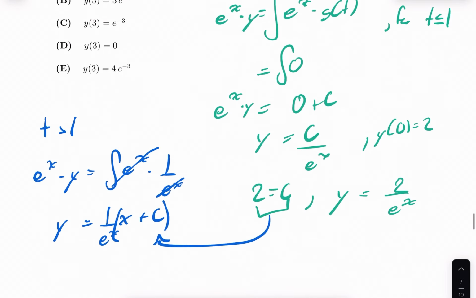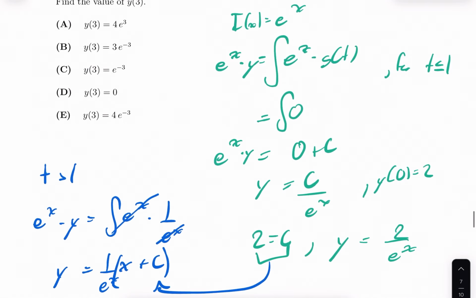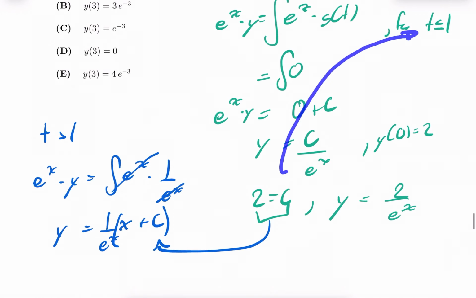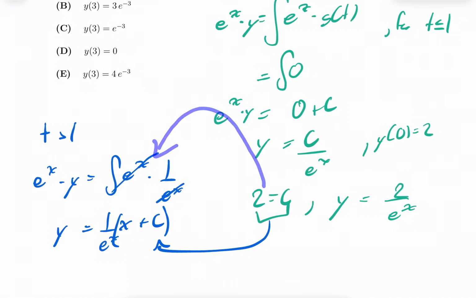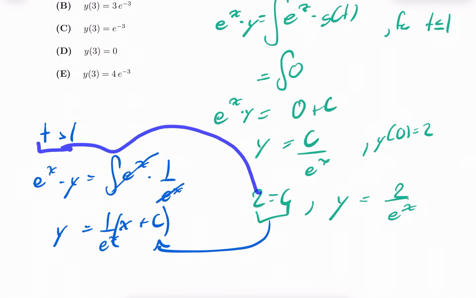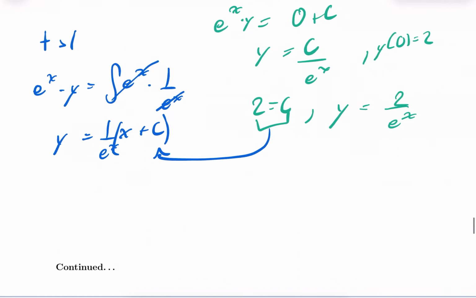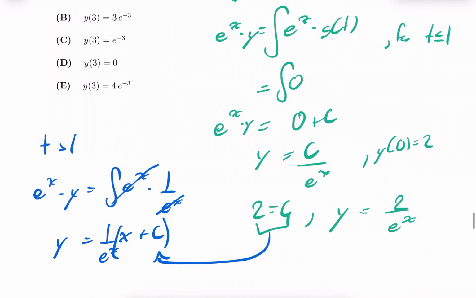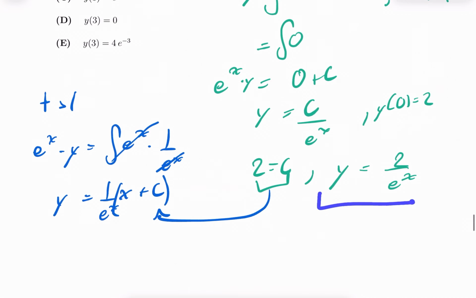Because this c is for when it's less than or equal to 1. Okay? You can't use it in this scenario where we're solving for when it's greater or equal to 1. This doesn't make logical sense. And so what do you do? Well, you solve for what you originally have right here for when it equals 1. And why can you do that?